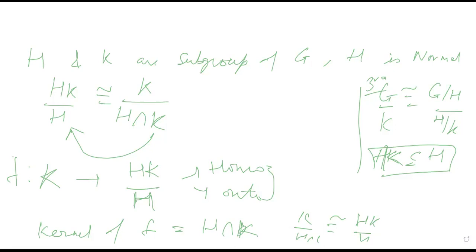In the third theorem also, you won't define the relation in this way; you will define the relation like this, without the denominator, from G to G by K. We will see how to go about it.